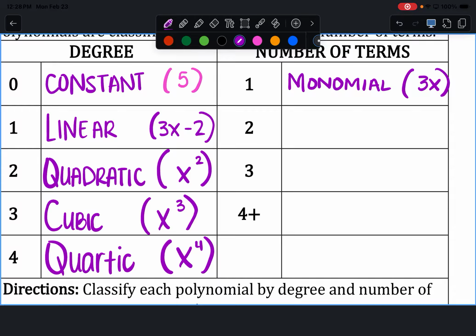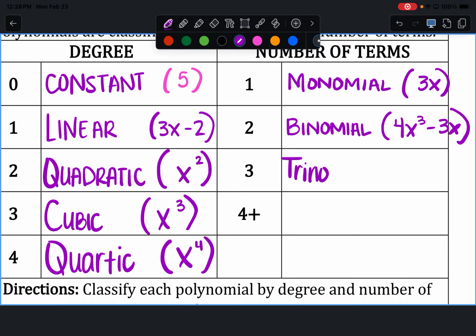If it has 2 terms, it is a binomial, because bi means 2. So here we could have like 4x to the 3rd minus 3x. As long as it has 2 terms, it is a binomial. If it has 3 terms, it is a trinomial. Just like a tricycle has 3 wheels, a trinomial will have 3 terms.